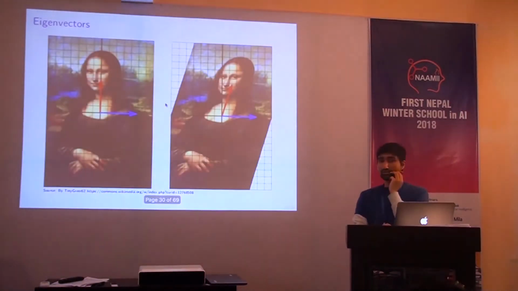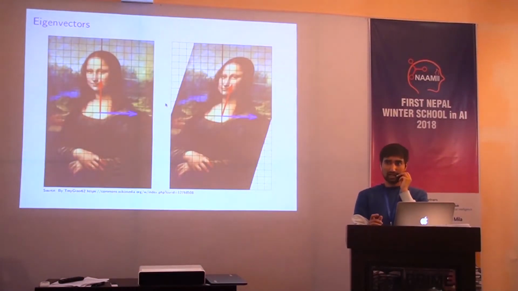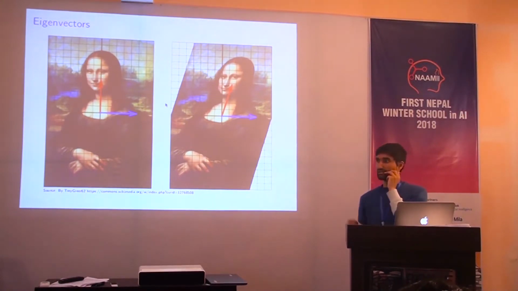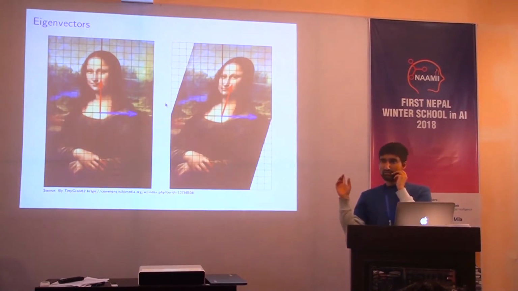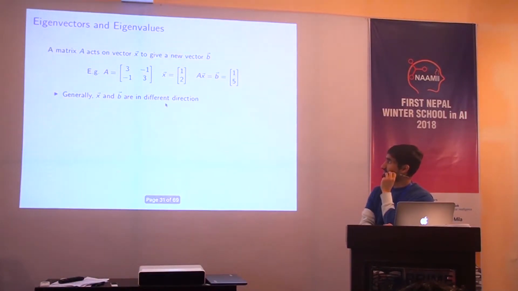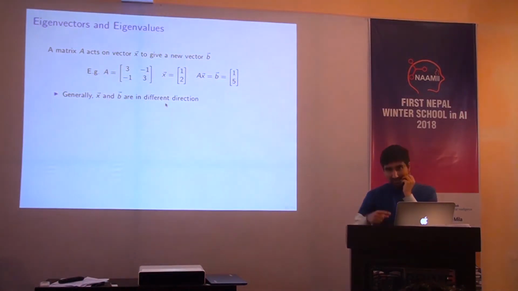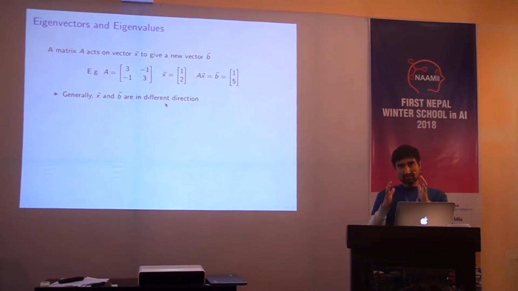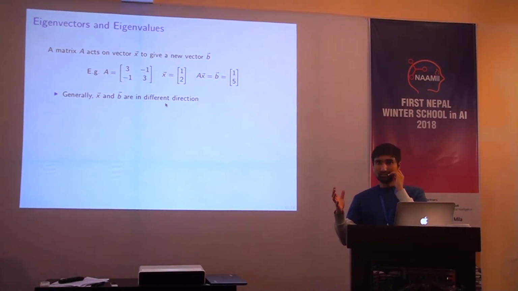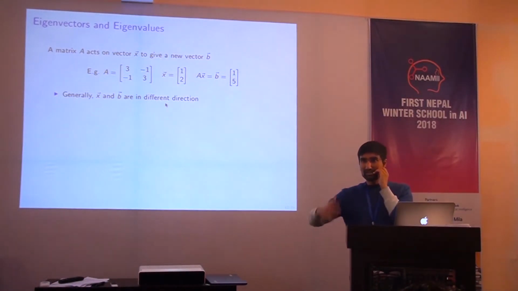Before we go into that, I'll briefly recap in two slides what Azad mentioned in the first lecture about eigenvectors. I think you remember this image. And again, this very basic notion of a matrix acting on a vector to create something. It's just a linear mapping.